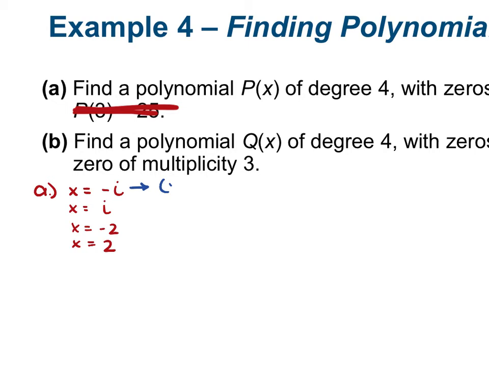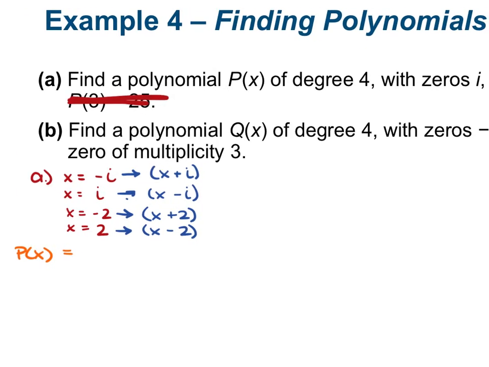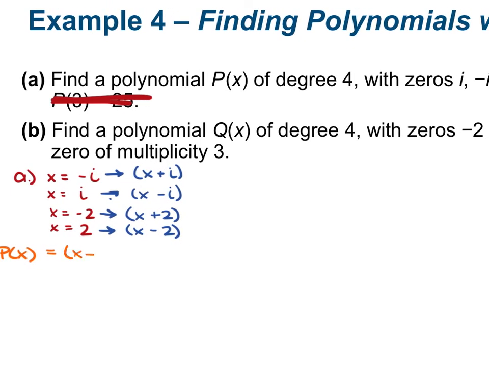So we have x plus i, x minus i, x plus 2, and x minus 2. Now if we set all of this up, we're going to have p of x is equal to x plus i times x minus i times x plus 2 times x minus 2. From here, we just got to multiply.